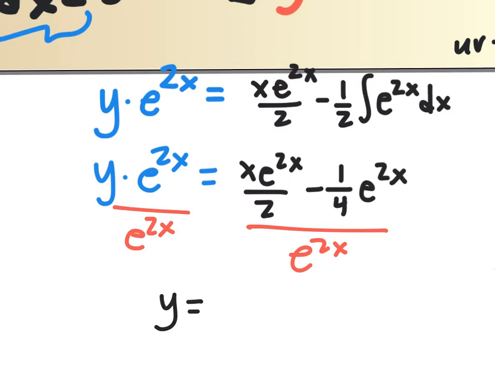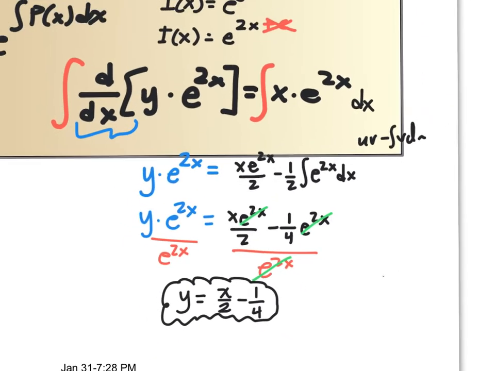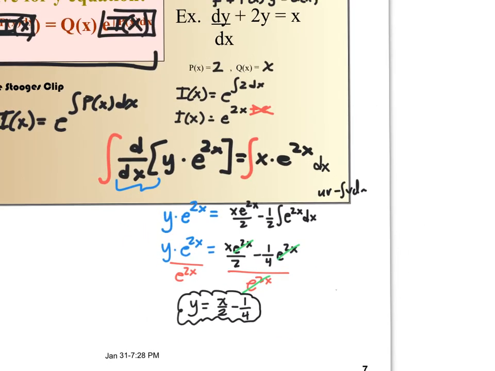It looks like e to the 2x cancels with both of those items, and I get x over 2 minus 1/4. So the differential equation in this case comes out to be a linear function. It's pretty amazing how that all works out, but yeah, that's the integrating factor.